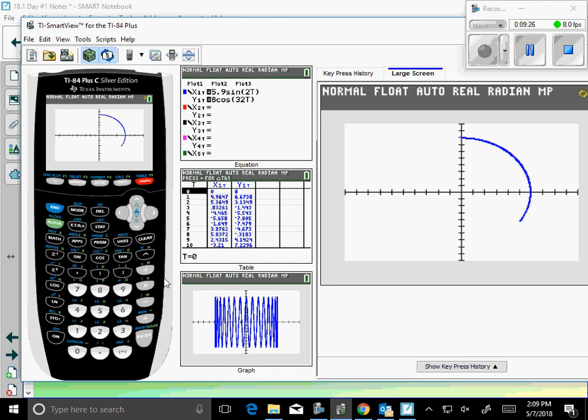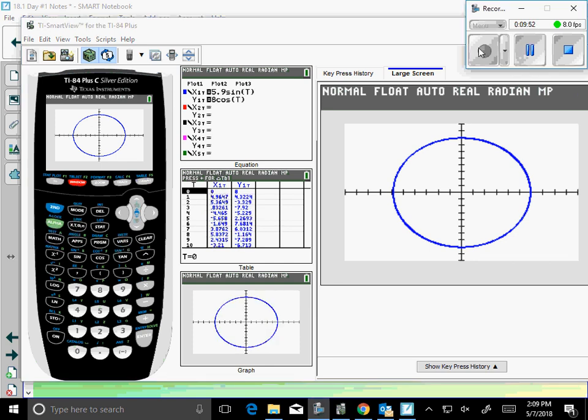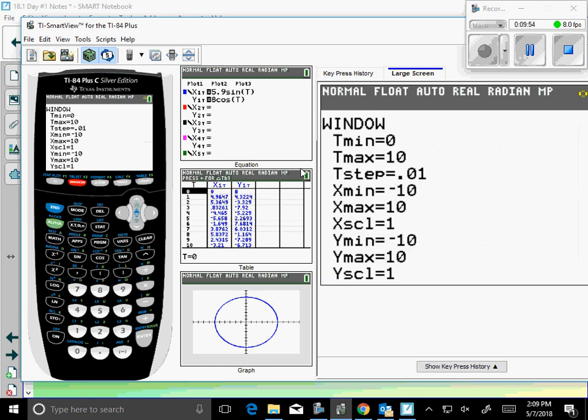I've got to change my view on this because it's going to look like a circle right now. But what I'm going to do is go to my window. Under window, I went a little too aggressive with my t-step.